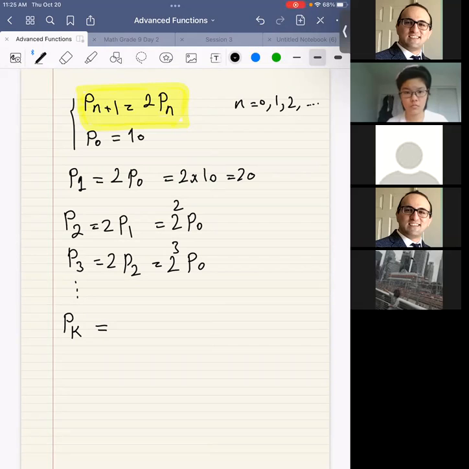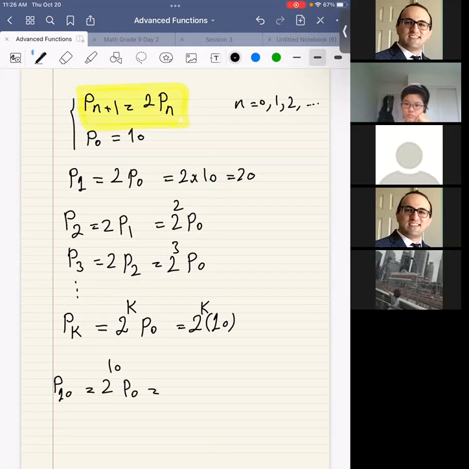So in general, P_k, the kth term, would be 2 to the power k times P0, right? For example, P10 is equal to 2 to the power 10 times P0.